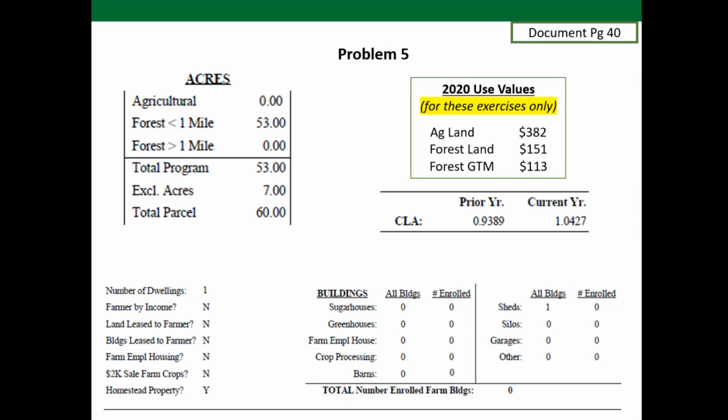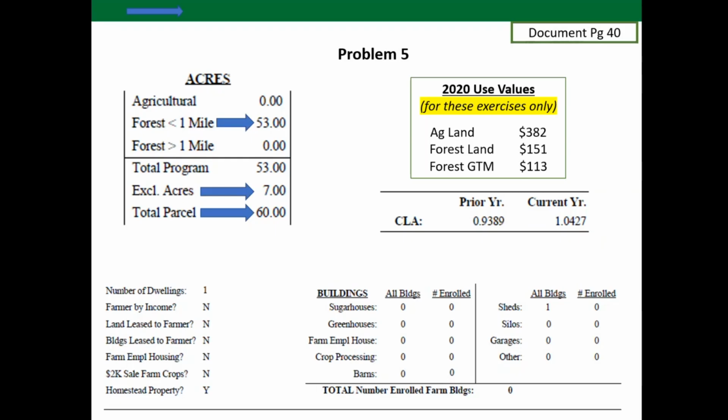All right, and then last but not least, we have a more complex problem, number 5. So if I miss anything here, Christy, you jump right in. But we're going to gather the pieces and parts that we need to do the allocation. Okay. So we have a total parcel acres of 60 acres. And then we have excluded acres are 7 according to their application.